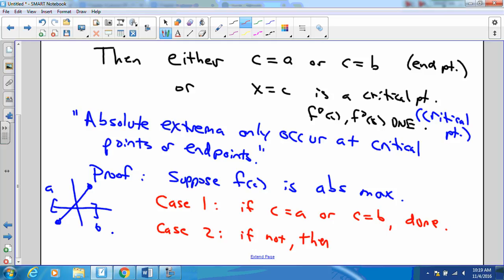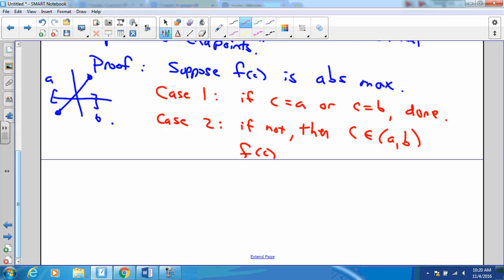If c is not an endpoint, then where is c? It's in the open interval, that's right. And c is in the open interval. There you go. And if it's in the open interval, then what kind of max is f of c? Local. Because by definition, that's what a local max is.